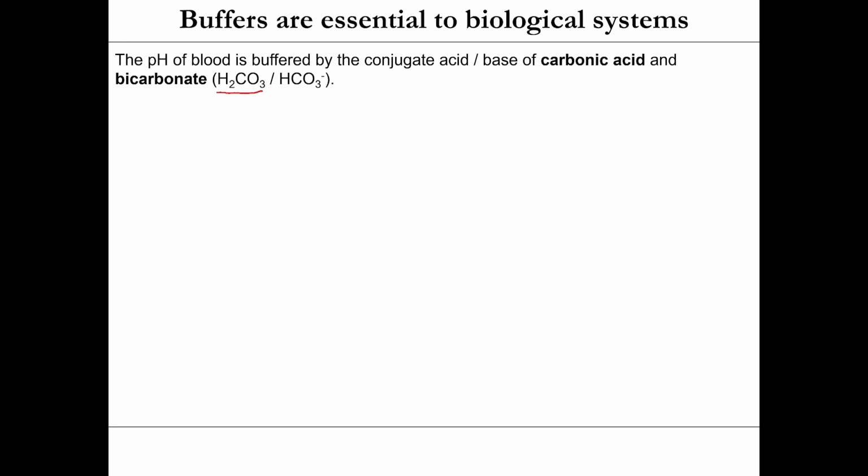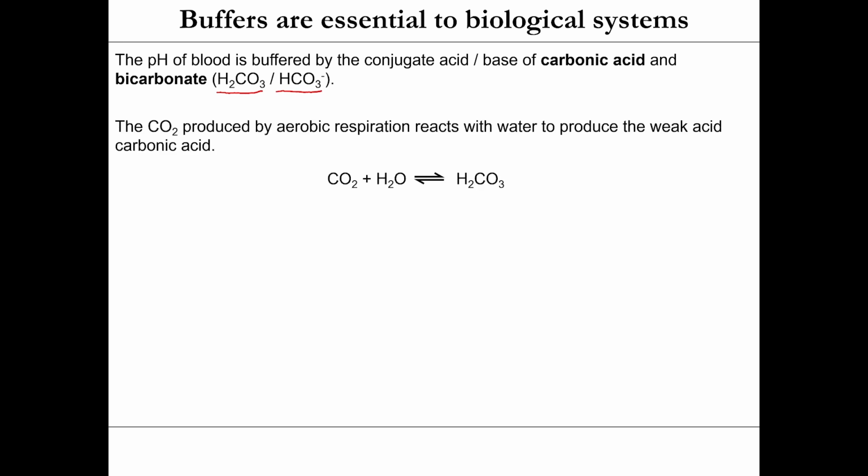And then bicarbonate is the conjugate base of carbonic acid, which is HCO3 with a negative charge. So the CO2 produced by normal aerobic respiration in our body will react with water to produce a weak acid, carbonic acid. So CO2 plus H2O is a reversible reaction, but it'll result in the production of carbonic acid.